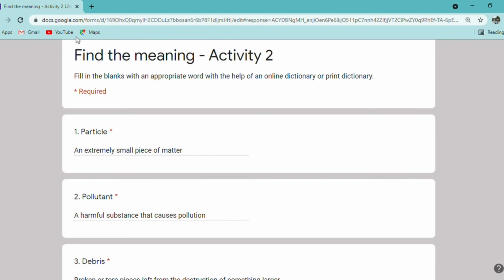Now, let us discuss the answers together. The first word is particle. So, particle is an extremely small piece of matter. The second word is pollutant. Pollutant is a harmful substance that causes pollution.